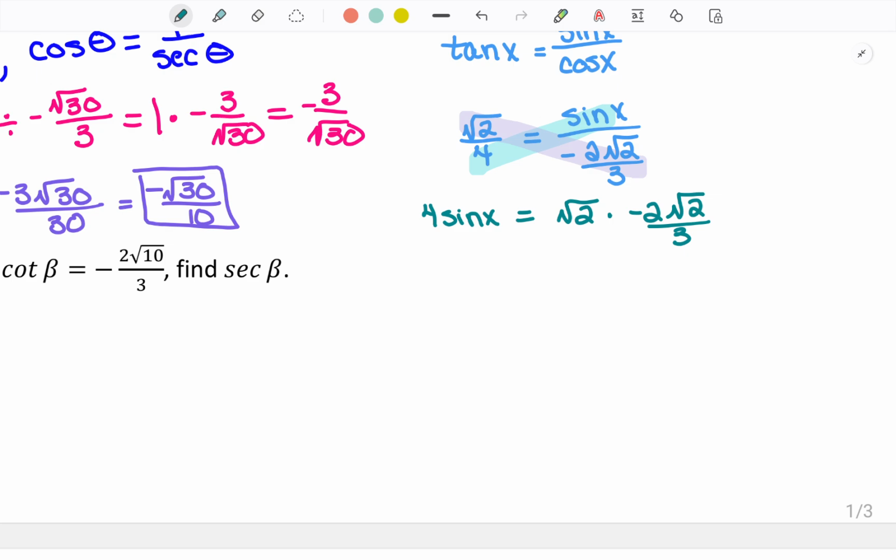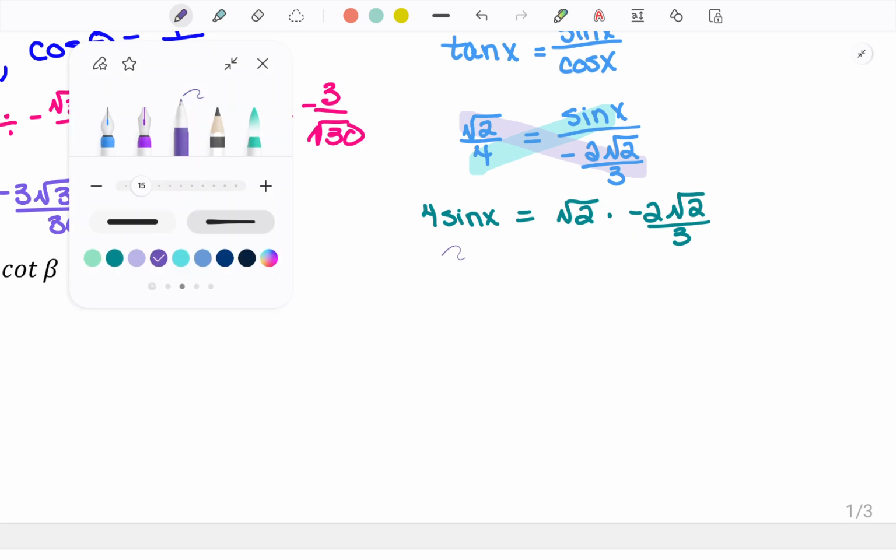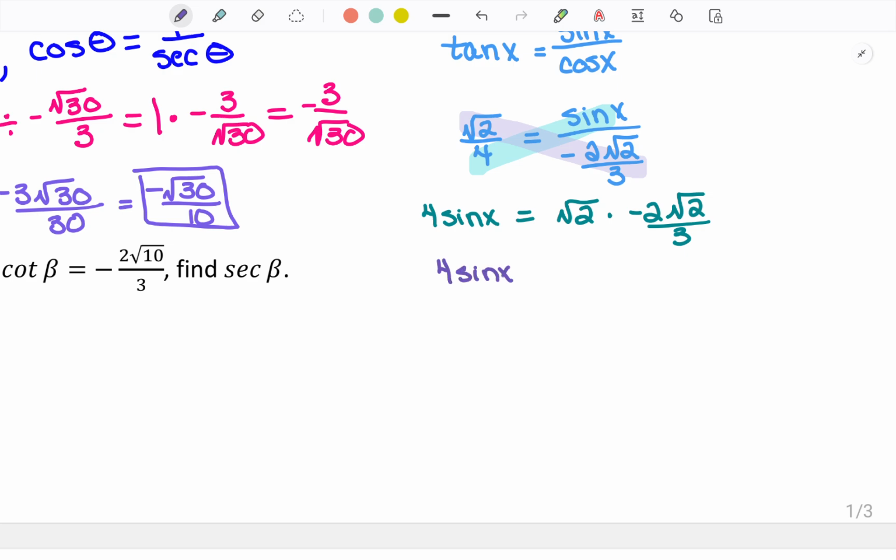And then we are going to multiply. So we will have 4 sine x, and that equals, square root of 2 times the square root of 2 is 2. And so then times negative 2, that gives us negative 4 over 3. And then we're going to multiply by 1 over 4 because that's the reciprocal, which cancels out the 4. And then our 4's will cancel. And so sine x equals negative 1 over 3.